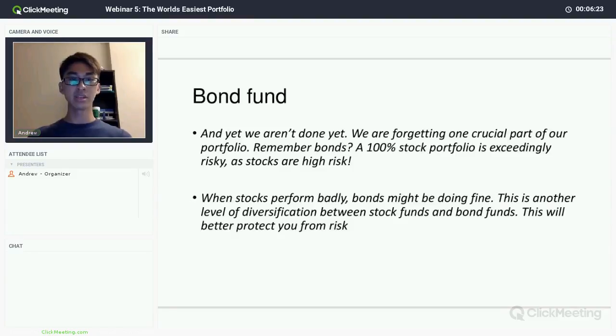And we aren't done yet because we have only talked about ETFs in our portfolio. Remember bonds that I mentioned in webinar 2 when I talked about stocks and bonds? So a 100% stock portfolio is exceedingly risky as stocks are really, really high risk, as mentioned before, because you never know where they're going to go.